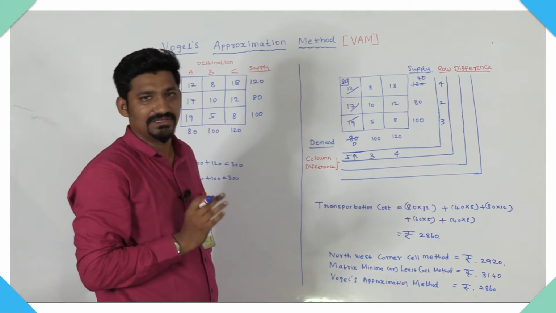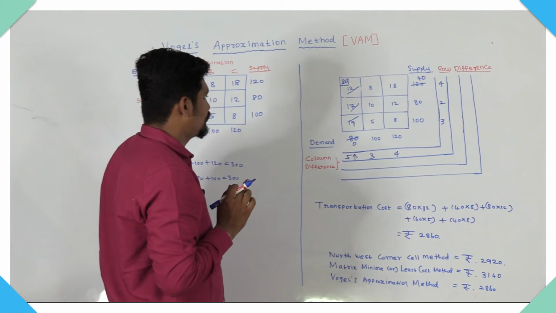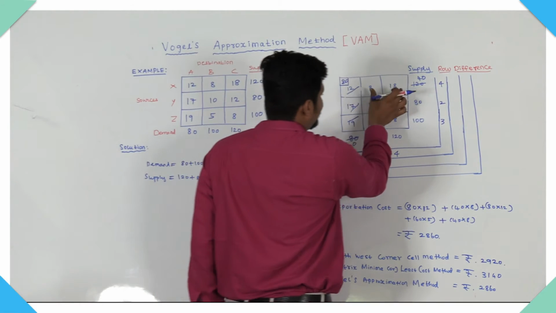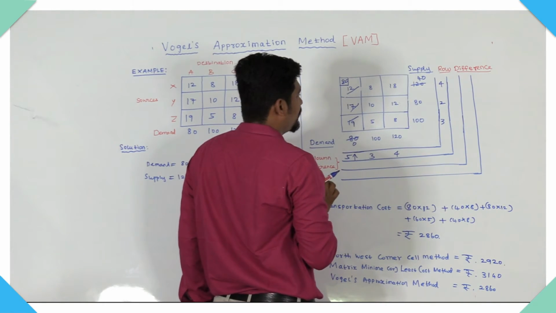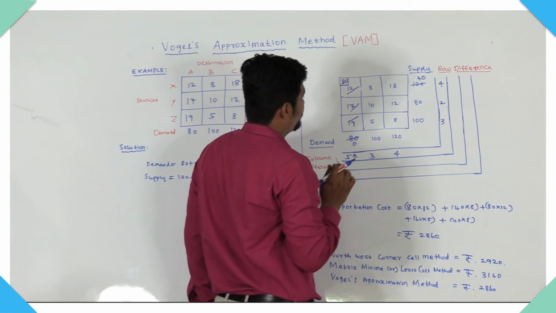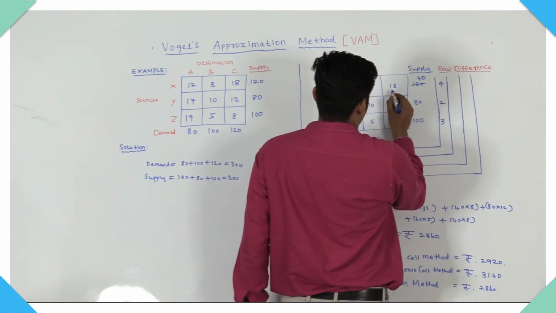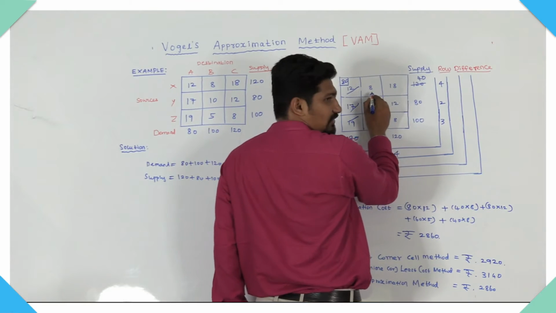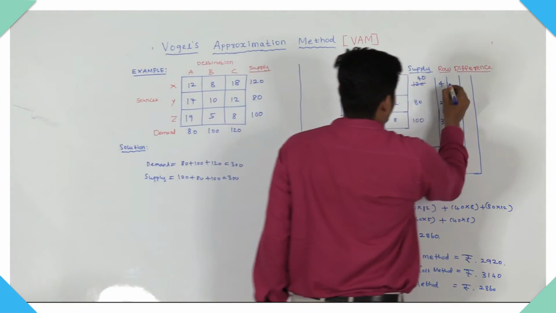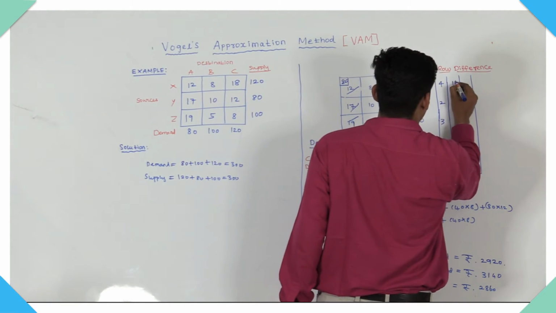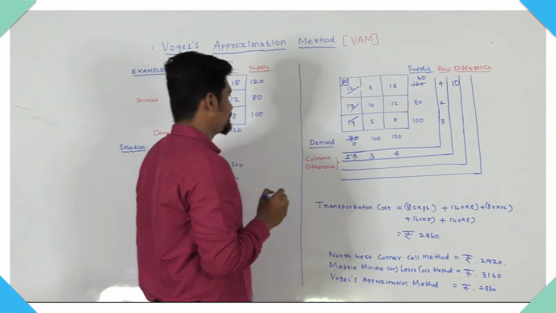Then in the remaining unoccupied cells, again we need to identify the row difference and column difference. So again in row 1, which one is the least value? 8 is the least value, and the next least value is 18. The difference is 10.